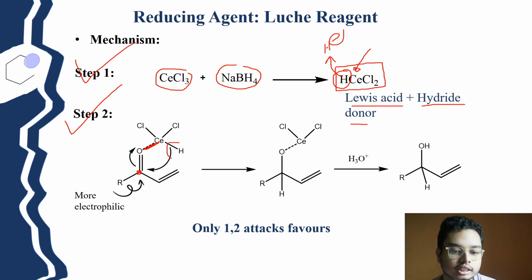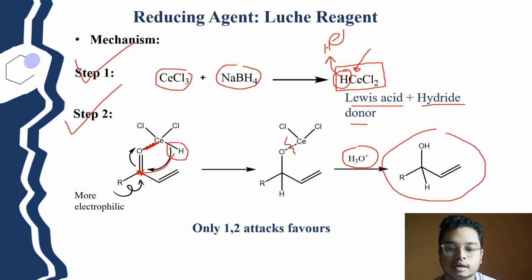And so this hydride now attacks here in a concerted fashion to make this type of compound, and after that the solvent workup or solvent quenching takes place to break the chelate bond to get our compound. Due to this, only 1,2 attack is favored in the case of the Luche reagent, irrespective of whether alpha beta unsaturation is there or not. In all cases, 1,2 attack is favored due to this mechanism.